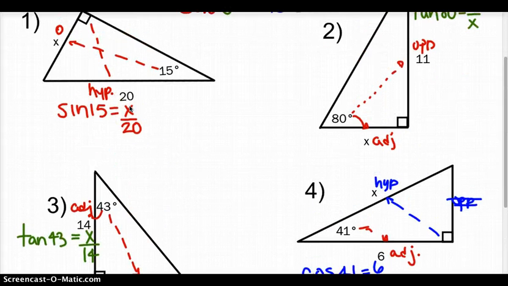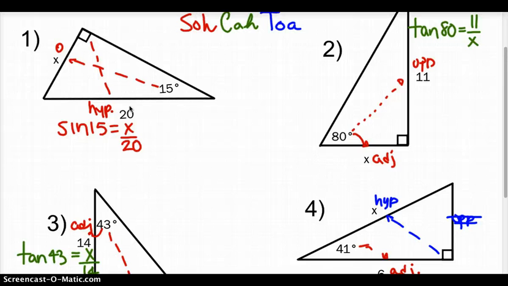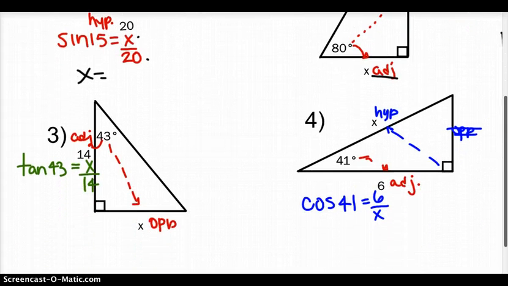All right, so here are the fractions I set up. For the first one, I had an opposite and a hypotenuse, which tells me to use sine. Opposite over hypotenuse, you're going to need to solve for x. I'll show you that in a moment. For number 2, I had opposite and adjacent, so that told me to use tangent. For the third one, I had the opposite and adjacent, so also tangent.